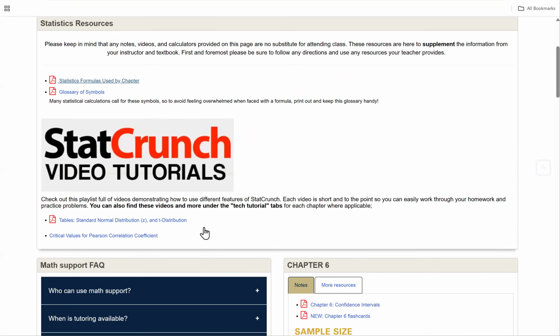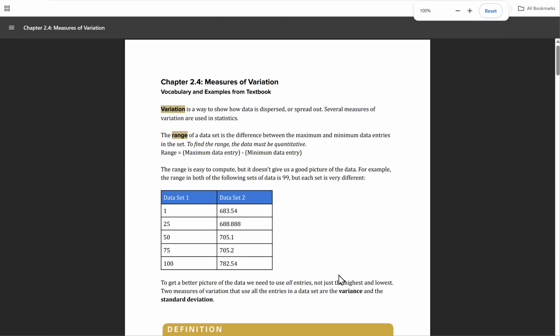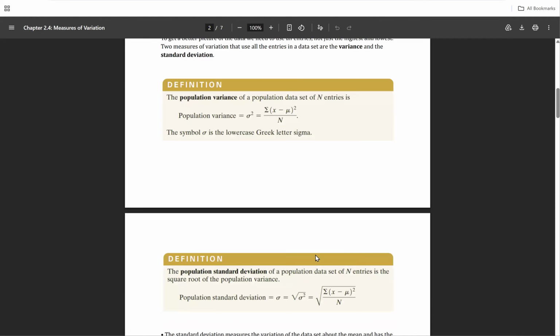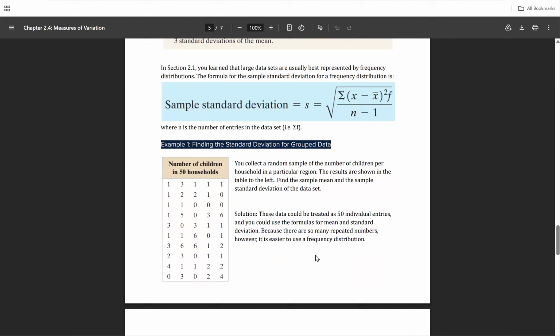Chapter 2.4 was where we started talking about measures of variation of this kind. So if you look at the notes for 2.4, it does give you some examples and definitions. And if you scroll down a little ways, it does say the sample standard deviation of group data, which is what we have.